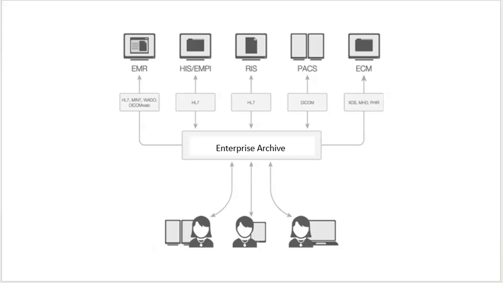You can use it for EMR data, HIS data, RIS data, everything using HL7, DICOM, XDS, all sorts of different things can all dump data into the enterprise archive. One place I worked had an enterprise archive called an HPMA, or Hewlett-Packard Medical Archive, and all of the healthcare data went into that single archive.